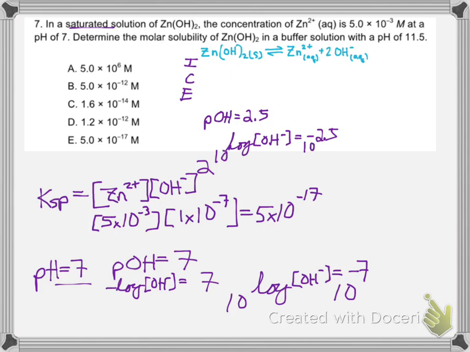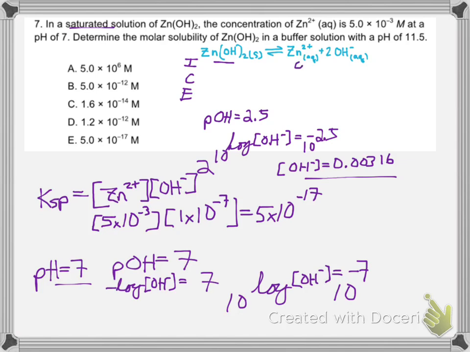And we'll end up getting here that the hydroxide ion concentration is equal to 0.00316. And remember, because this is buffered at this pH, this is going to be consistent, which is actually going to make our ICE table a little bit easier. So, for our ICE table, we don't care about solids. You don't have concentrations for those.